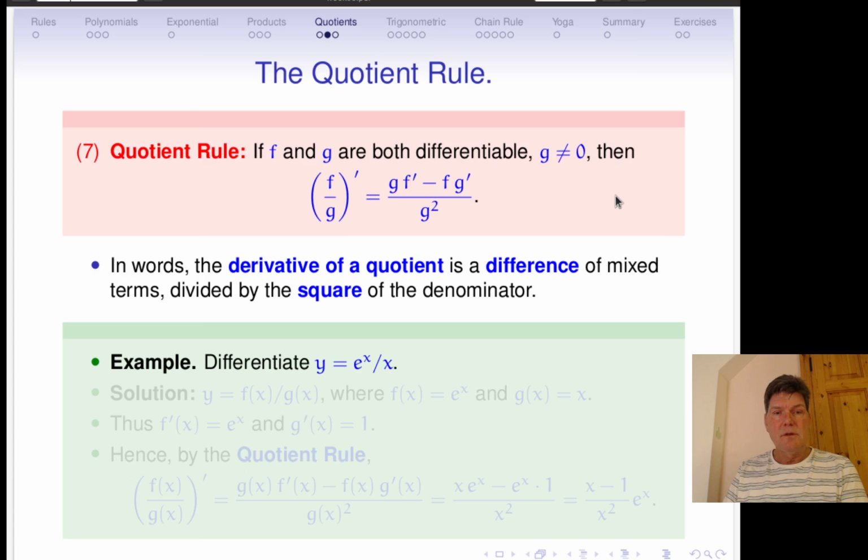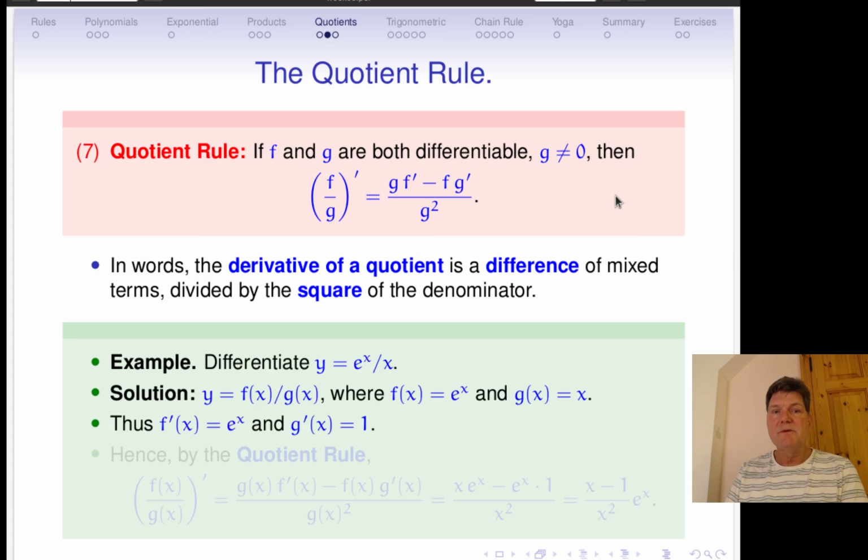For example, if we try and differentiate e to the x divided by x, then the top function is e to the x, the bottom function is x. And the derivative of e to the x is just e to the x, the derivative of x is 1.